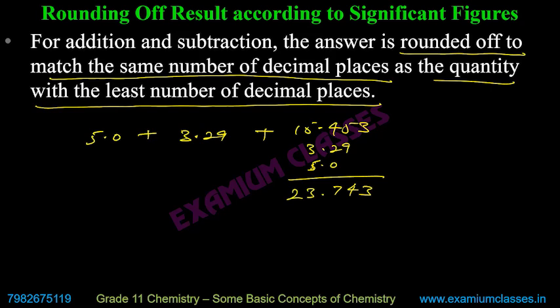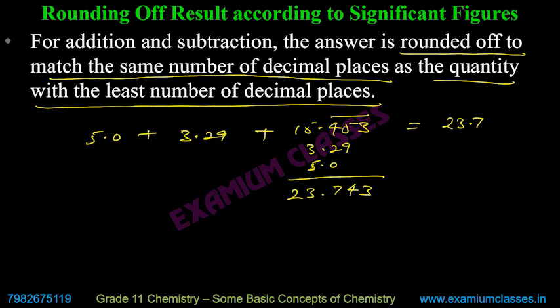The answer will have as many decimal places as the one having the minimum. Here you have 1, here you have 2 decimal places, here you have 3. So in the answer you will have decimal places only 1. It means the answer here will be 23.7 only, not 23.743.